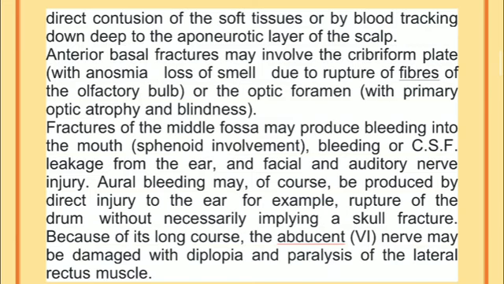Bleeding from the ear could come as a result of direct injury to the ear, for example, when there is injury that causes rupture of the eardrum, so it might not only be due to skull fracture. So when there is bleeding from the ear, it might be due to fracture of the middle cranial fossa. It may also be due to direct injury to the ear when that causes rupture of the eardrum. That's the point I'm trying to make.